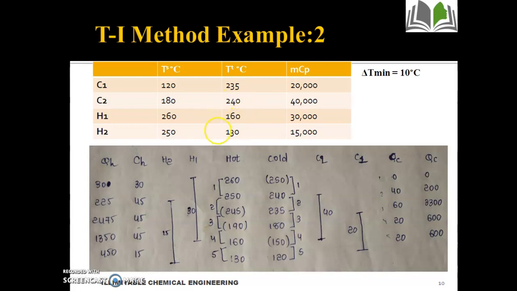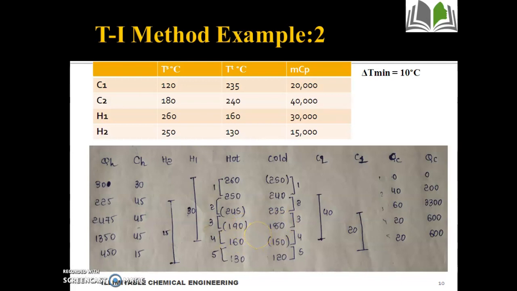Now next, what is the next highest temperature? 235. So 235 is in the cold stream, so we'll write it at the cold side, and we'll add the 10 degrees Celsius and write the adjusted temperature 245. Next highest temperature is 180, it is in the C2 stream, so we'll write it at the cold side, and we'll write the hot side plus 10, 190 degrees Celsius.